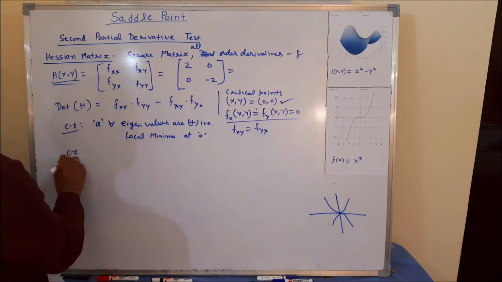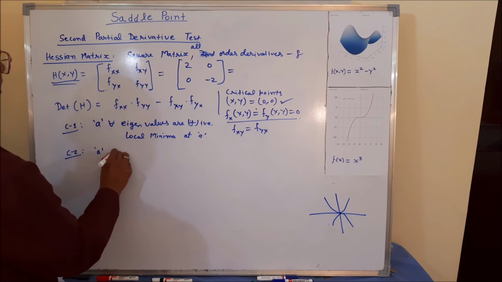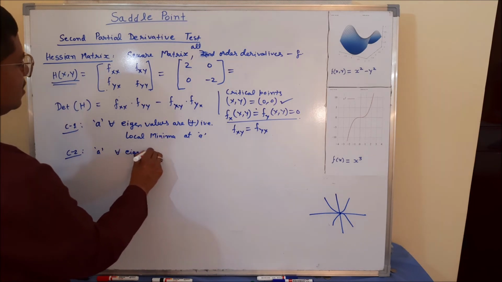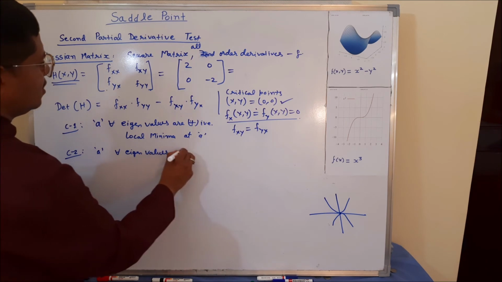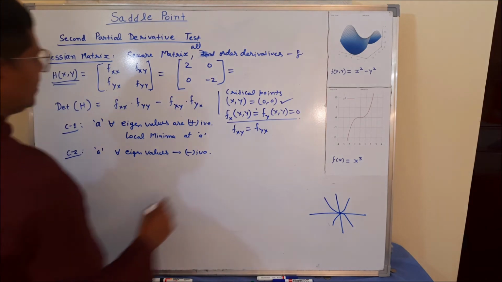And similarly case 2, for a given critical point A, all eigenvalues are negative. So in that case what will happen?